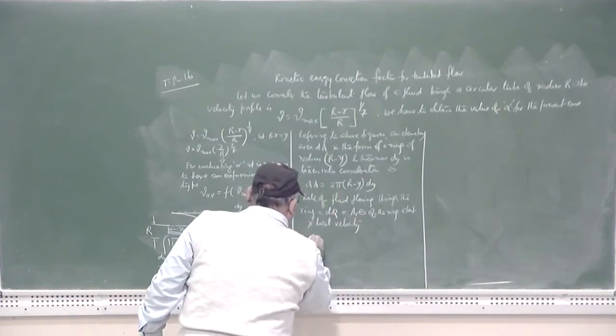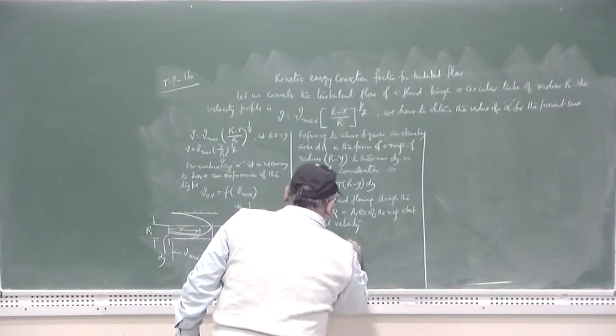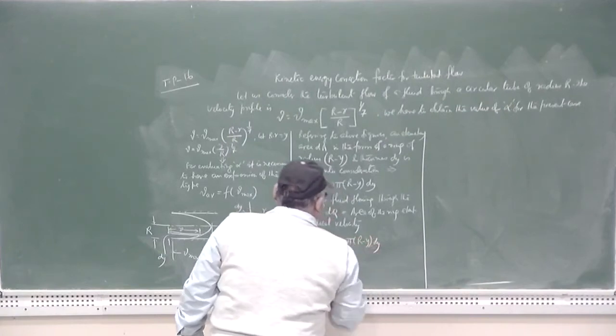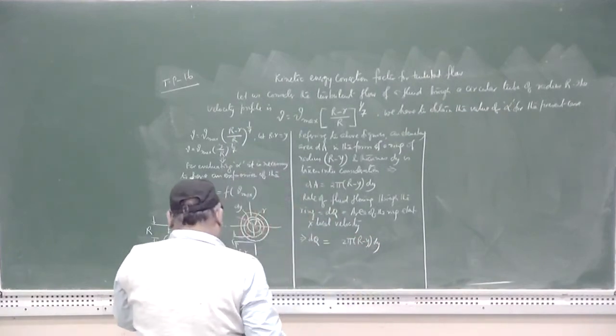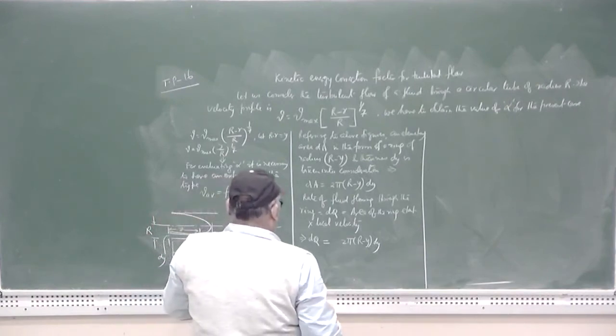That is dq equal to the area of the ring, 2 pi (R minus y) dy, into the local velocity, let it be v.